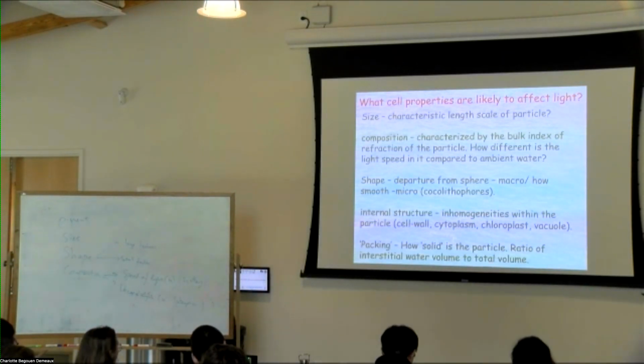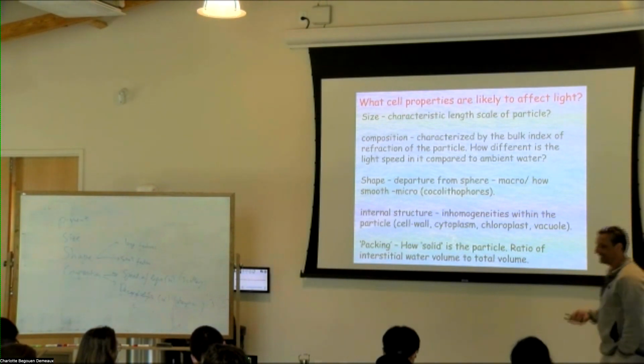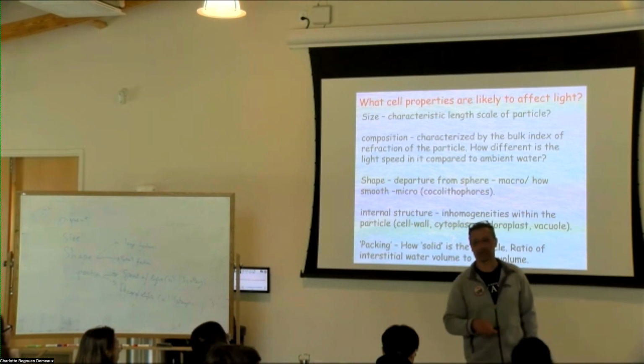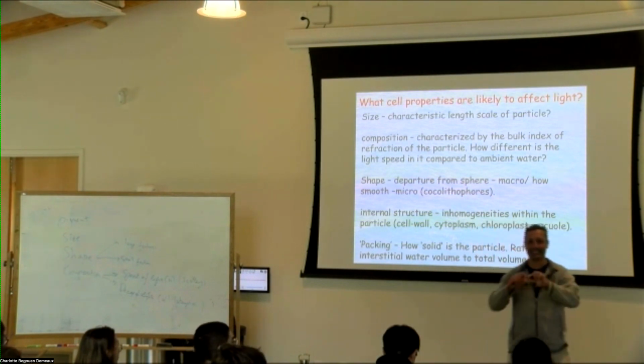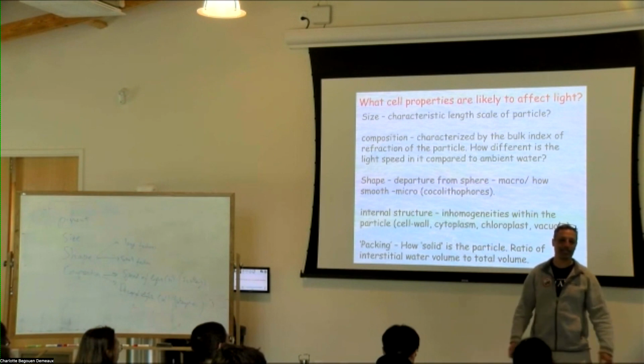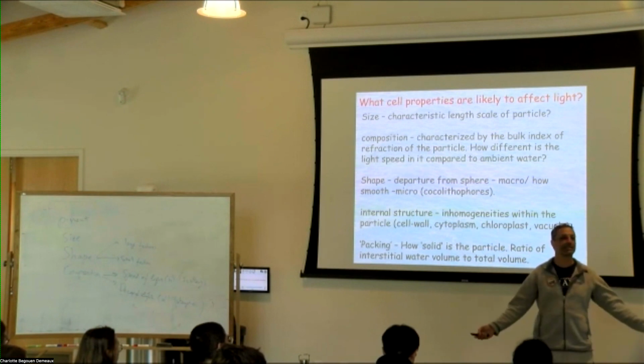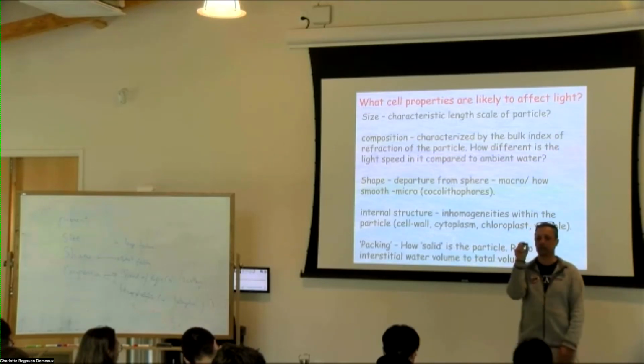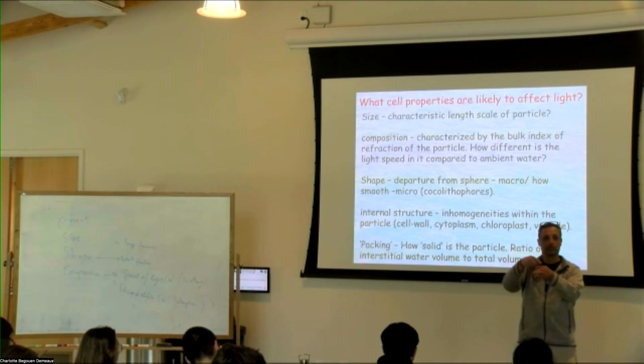So size, and I love this example from Matthew. Matthew came Sunday and we were looking at the microscope, and we see this giant chain, and he asked, what size does it have? What's its size? Is it this part that might go through the filter?